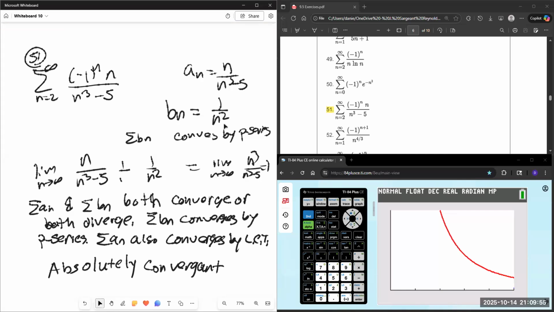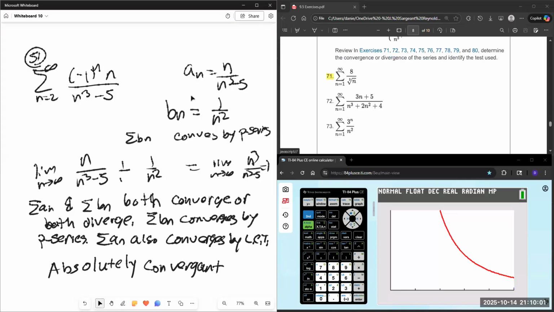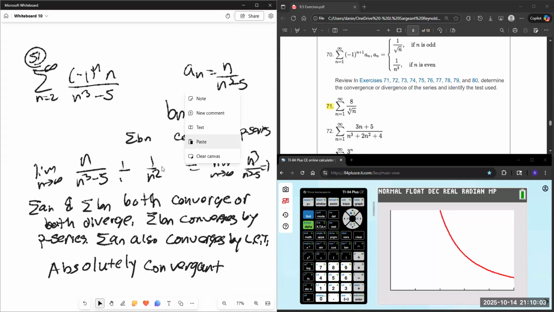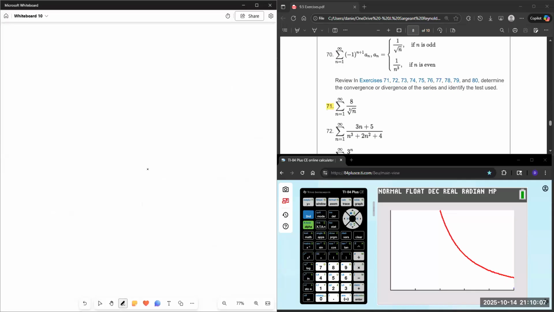All right, let's look at number 71. 71 asks us to determine the convergence or divergence of the series n equals 1 to infinity of 8 over the cube root of n. That's going to be a divergent P series.